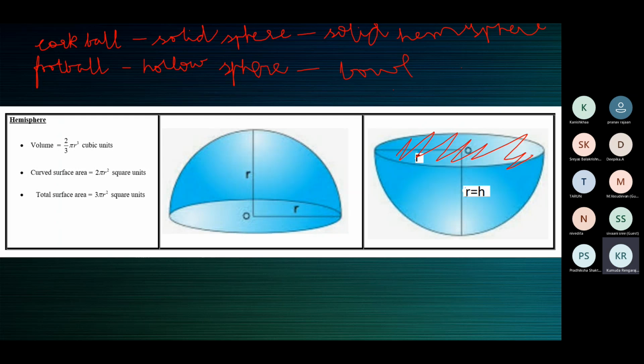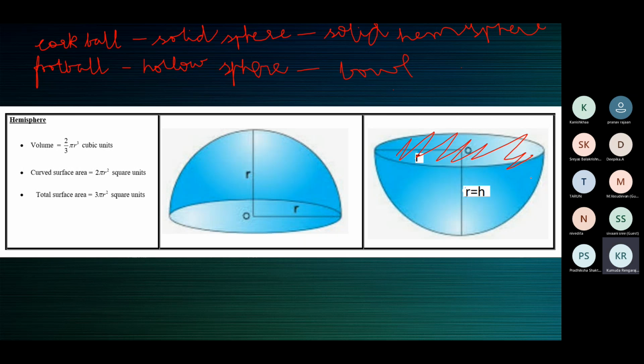In the bowl, the top circular portion is open. You can fill it with some liquid. It's open. There's no material there. That circular portion, there is no material. But when you take half of a cork ball, on the top you can paint. There's material. All over you can paint this half.